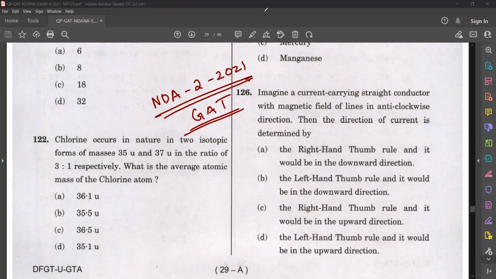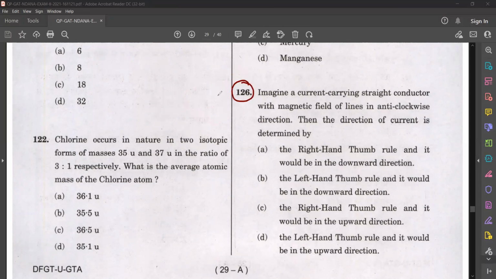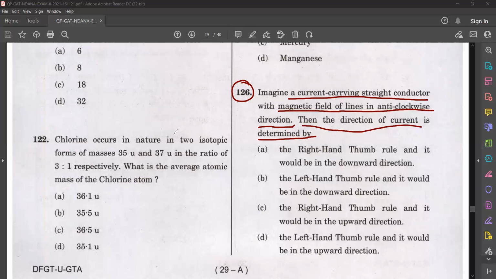So see the question number 126. Imagine a current carrying straight conductor with magnetic field lines in anti-clockwise direction.